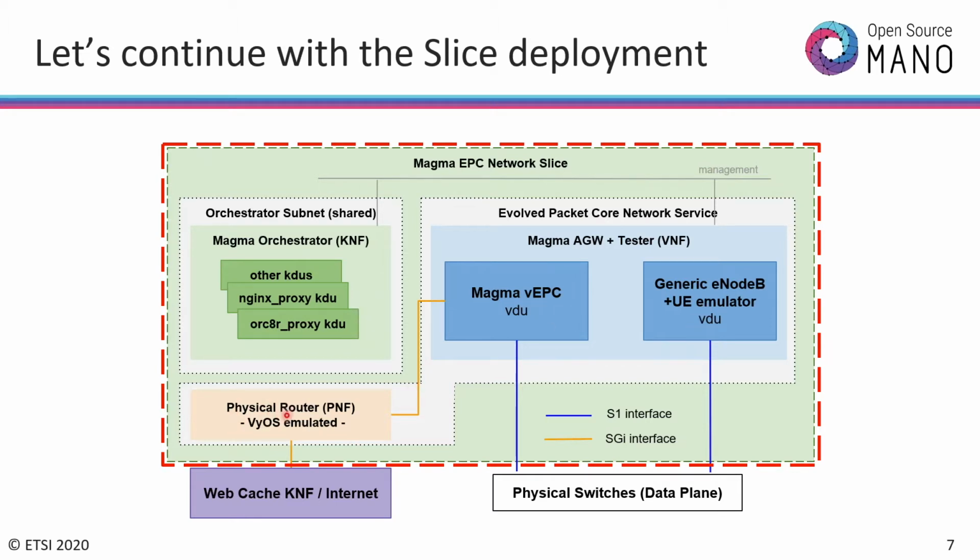We can also include PDUs here. So at the end we will have a slice with a Magma orchestrator as a shared network slice subnet plus multiple instantiations of a network slice subnet that is not shared in our case, with the evolved packet core network service.